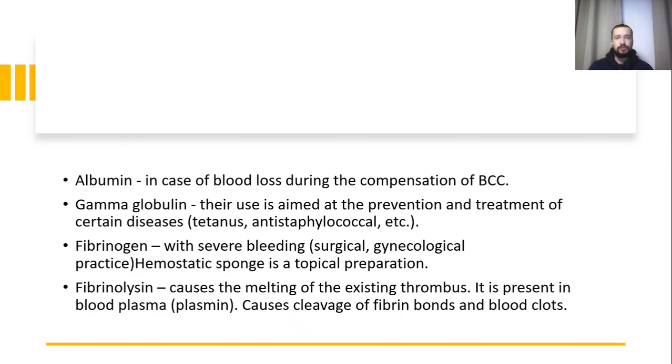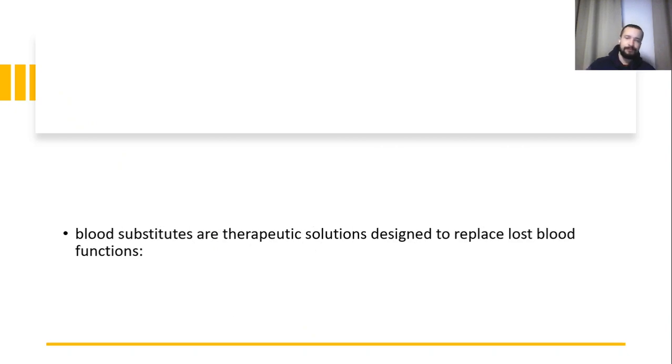Fibrinogen for severe bleeding, in surgical and gynecological practice. Hemostatic sponge is a topical preparation. Fibrinolysin causes the melting of the existing thrombus. It is present in blood plasma, plasmin, and causes cleavage of fibrin bonds and blood clots.